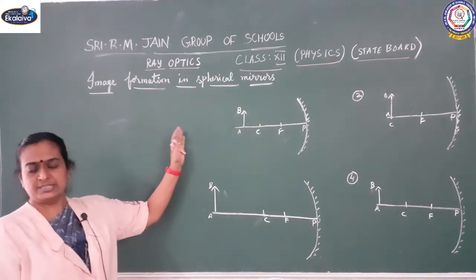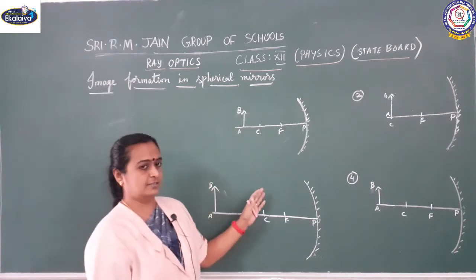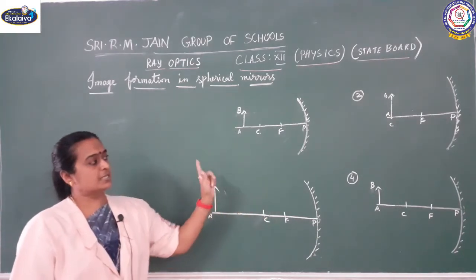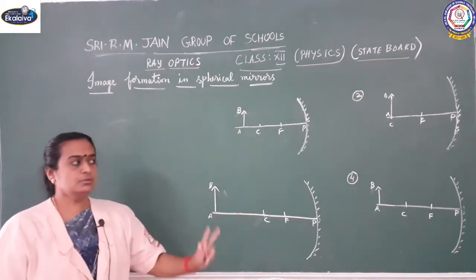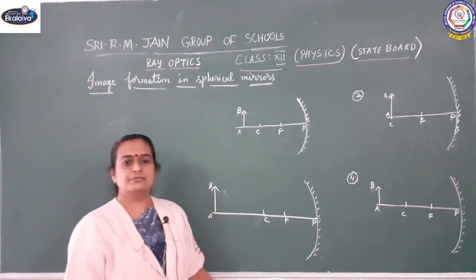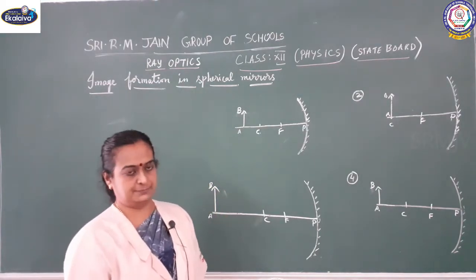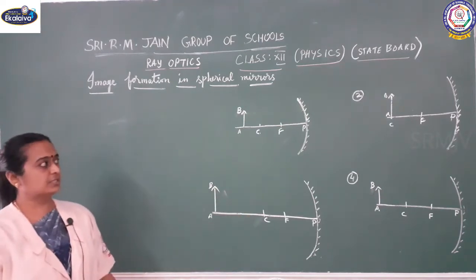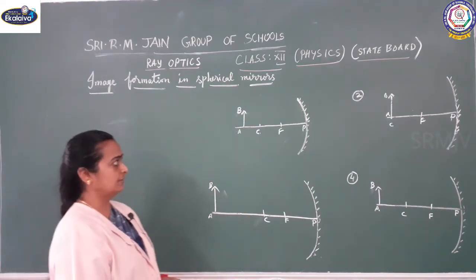So we are going to discuss 4 rules here. Definitely among these 4, any 2 rays must be considered for the image formation. So let us start with the first rule, children.